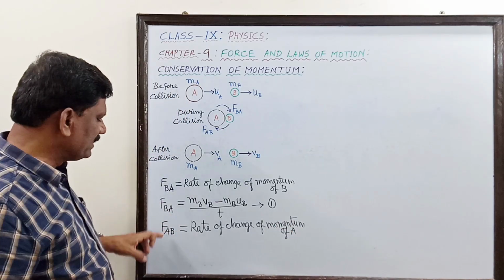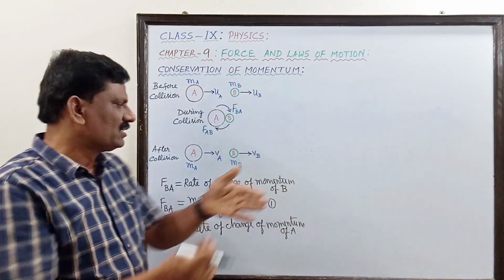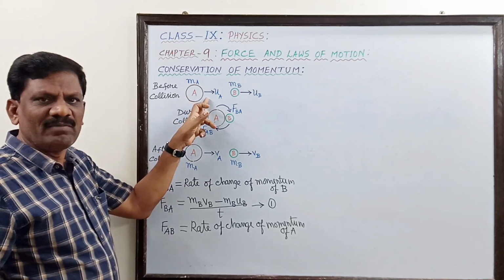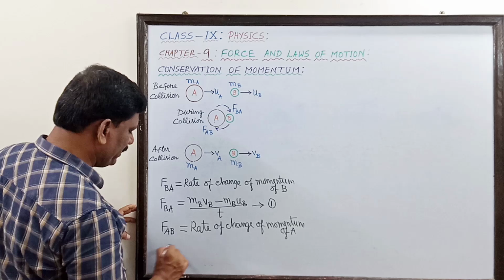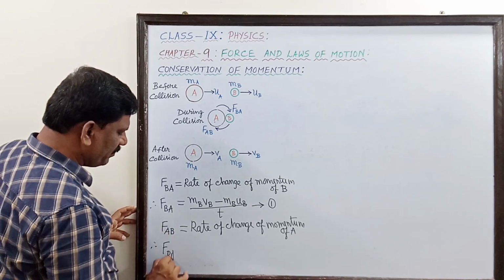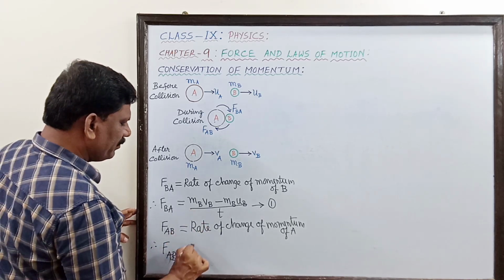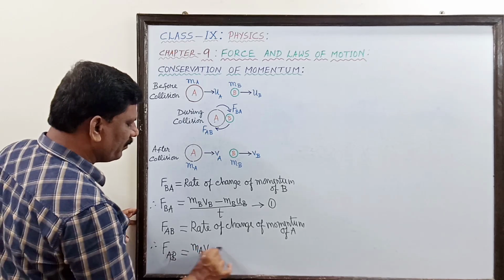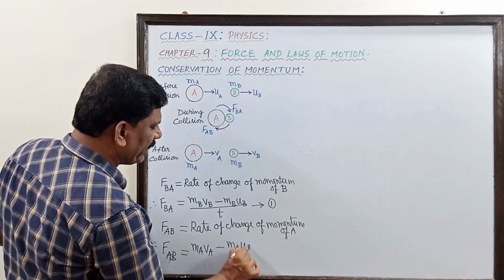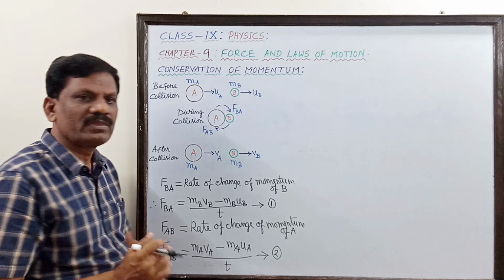So because of this force FAB, whose momentum is changing? The body A's momentum is changing. So final momentum of A minus initial momentum of A, that is change in momentum of A divided by time taken. Therefore FAB must be equal to MA into VA minus MA into UA divided by time T, and this is our equation 2.